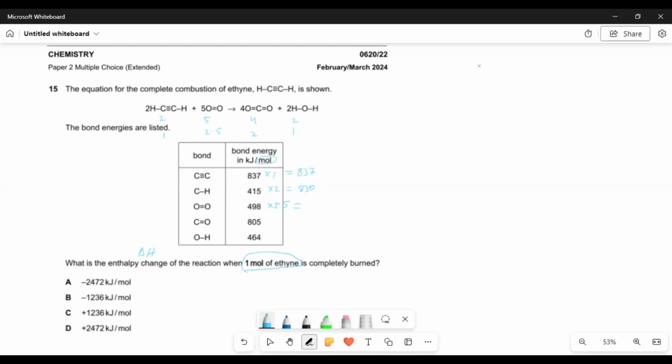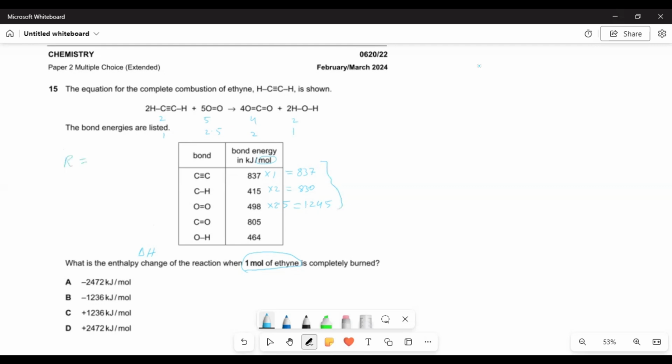So it is calculated for 98 multiplied by 2.5. It is 1245. So we have to add all these for reactants.